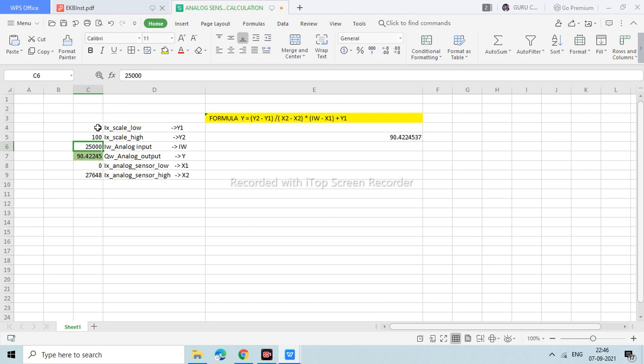This value is defined by you, and this value comes from the sensor, the analog sensor high and low. This is the analog sensor input, and this is the output calculated by this formula, created in the Excel sheet.